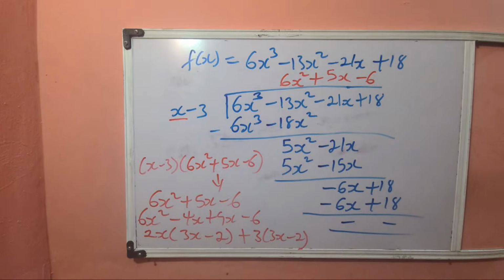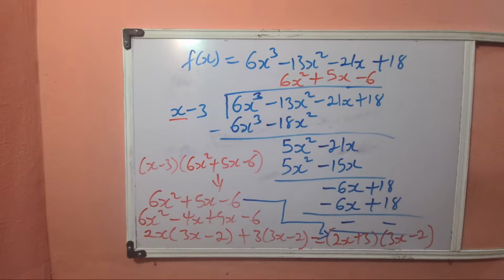So from this place now, I'm sure you understand that this is also equal to 2x plus 3, 3x minus 2. So you can see that we have been able to express this particular value as a product of two linear factors.